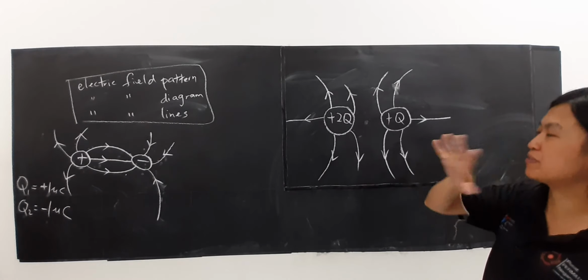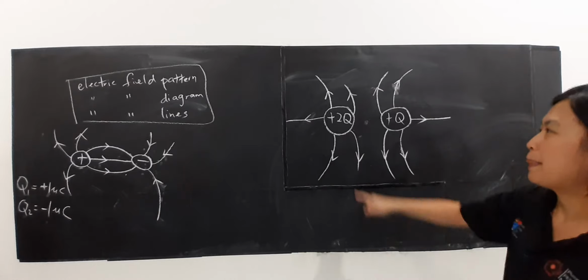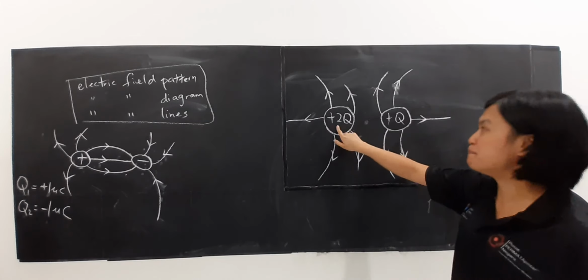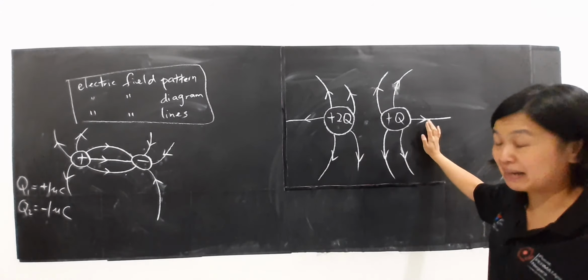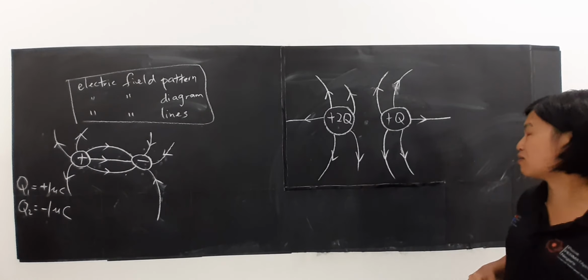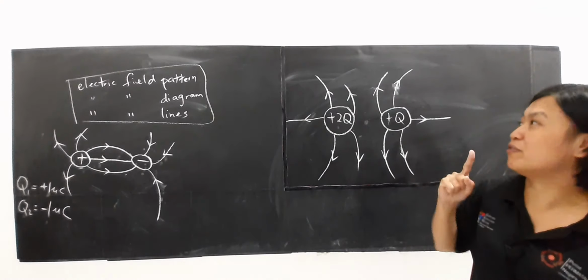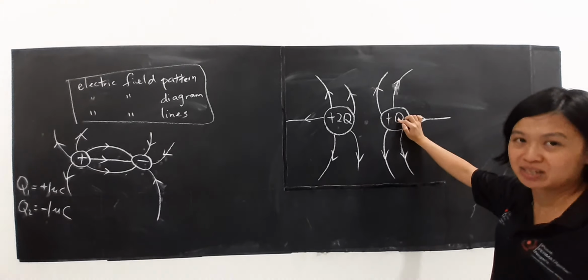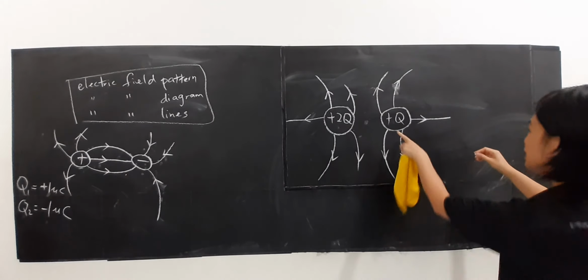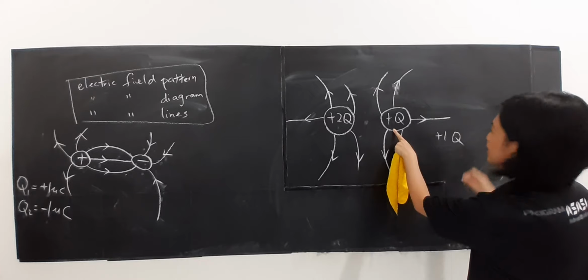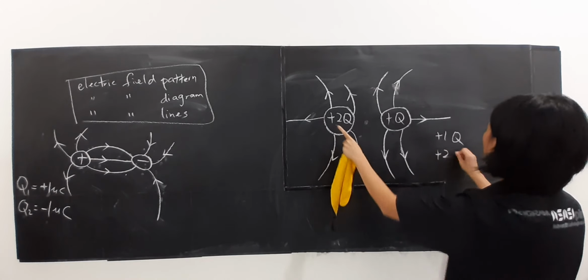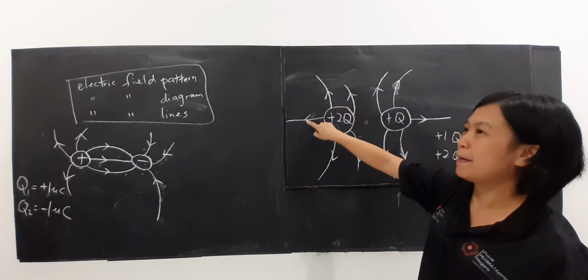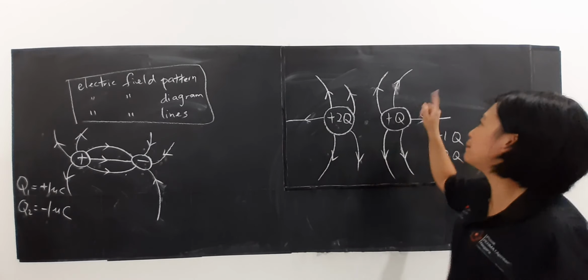But before that, one more important thing. Since we talk about magnitude, we talk about what we said just now, the first rule: the number of electric field lines is always proportional to the magnitude of charge. This one is positive 1Q and this one is positive 2Q. It means the number of electric field lines here should be double this one.